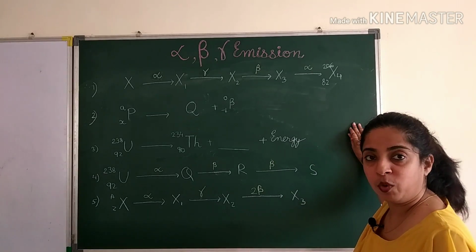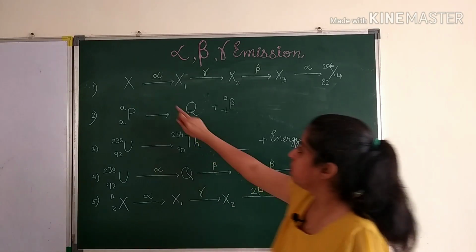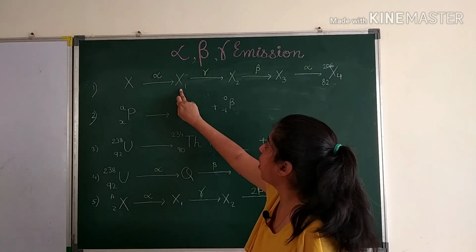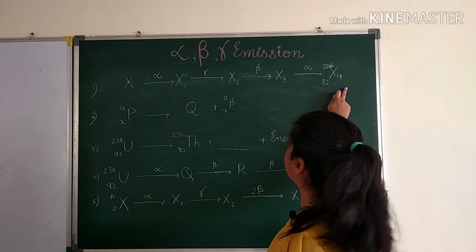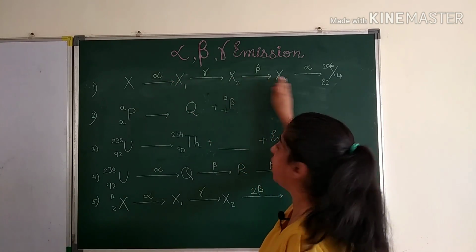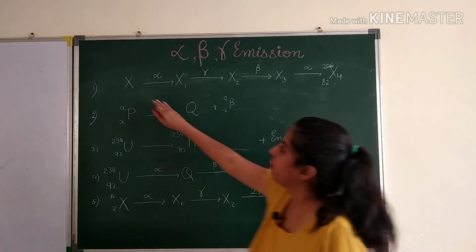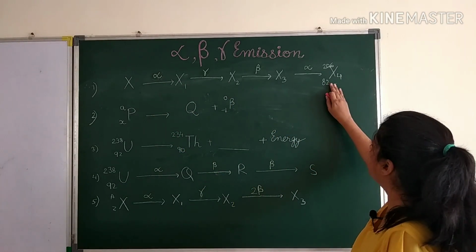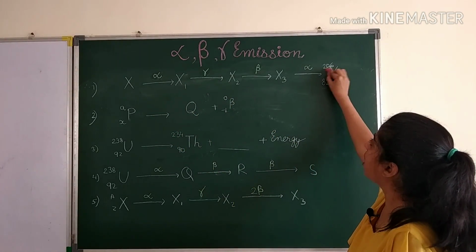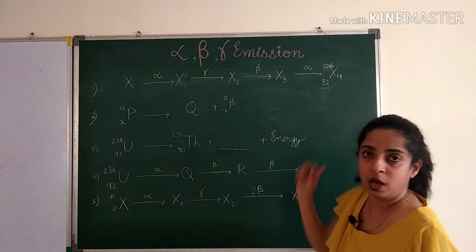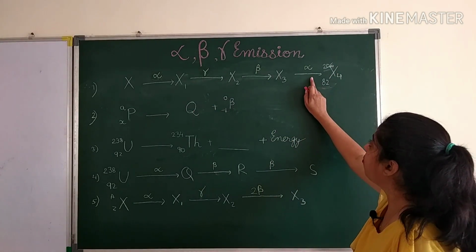Now let's solve some more examples. See here in question number 1, they have given X converting into X1, X2, X3 and X4, and they have given different particles here. So let's start. From here we can't start. Just see, the atomic number and mass number are given at the end, so we will have to work backwards.